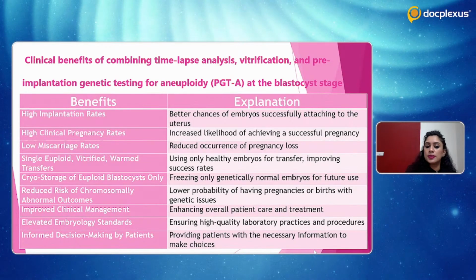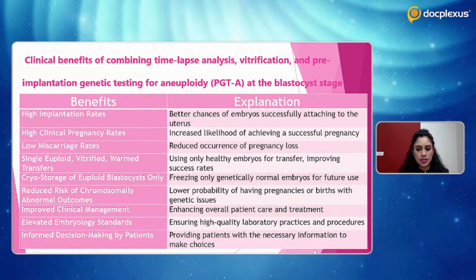Cryostorage of the euploid blastocysts only: only cryopreserve the euploid blastocysts, and they will also withstand the freezing procedure better. Only genetically normal ones. Reduced risk of chromosomally abnormal outcomes. You'll have fewer pregnancies and births with genetic issues.